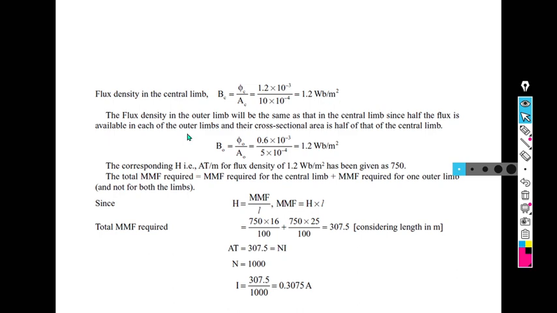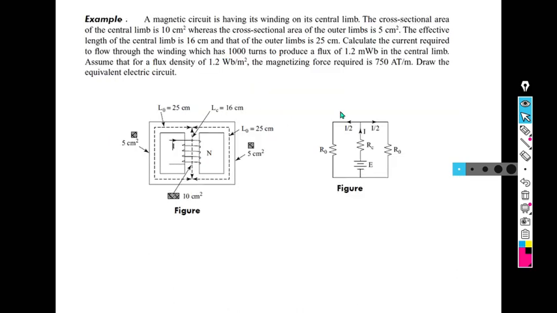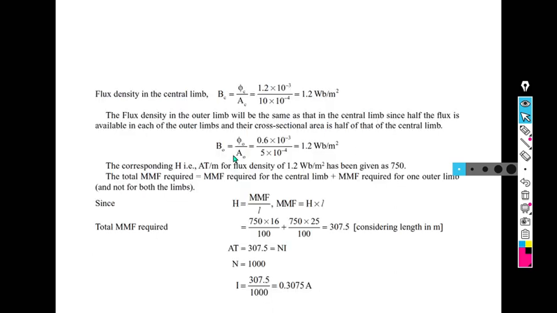Now the flux density in the outer limb will be the same, because the reluctances of these paths are the same, so the flux flowing through these outer limbs is the same. The flux density should be the same because the areas in both cases are the same, right? So B naught, the outer limb flux density, is equal to phi naught by A naught.